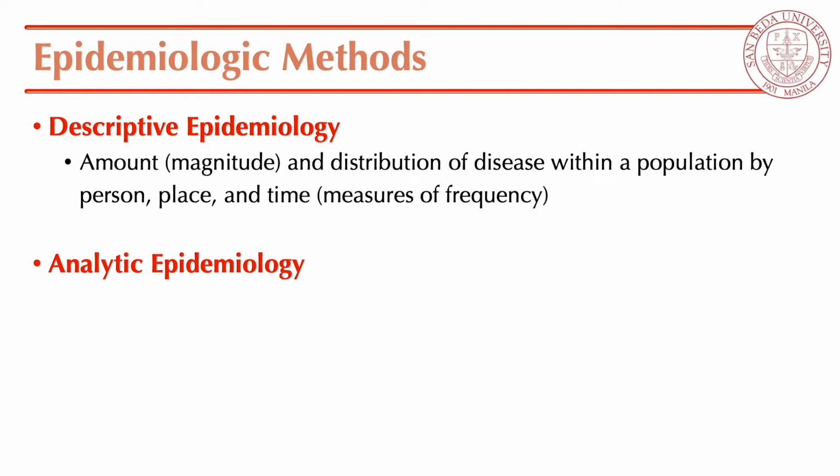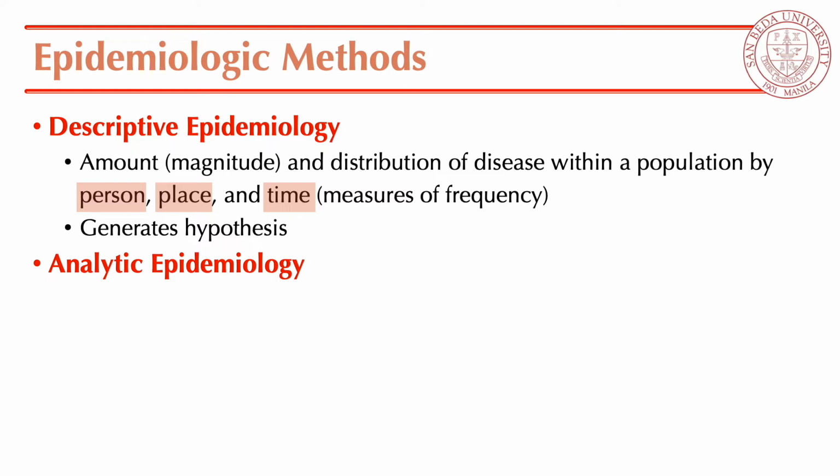The epidemiologist would be able to know which type of persons seem to have a higher frequency of the disease, and at the same time describe what particular set of characteristics these persons have, which localities appear to have higher frequency of the disease, and describe what kind of environment these places have, and what timing the disease has, whether it occurs seasonally or sporadically. Basically, descriptive epidemiologic methods deal with answering the questions what, who, when, and where.